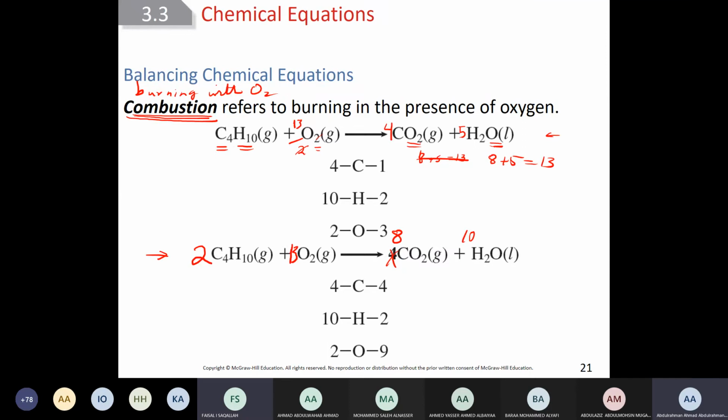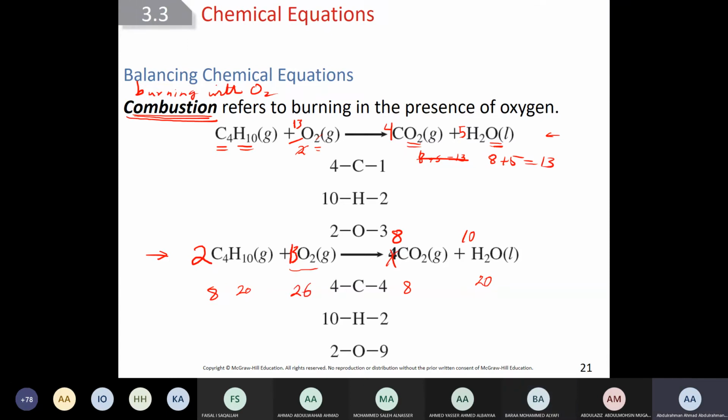Now, how many carbons do I have on both sides? 8 on this side and 8 on this side. How about hydrogen? 20 on this side, and 20 on the other. How about oxygen? How much do I have on this side? 26.